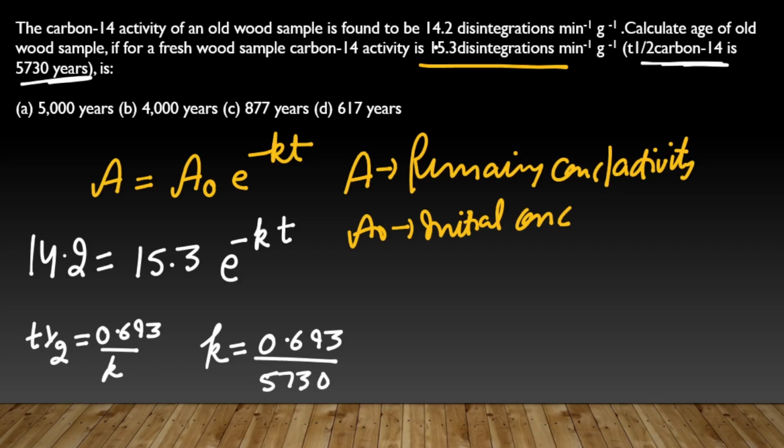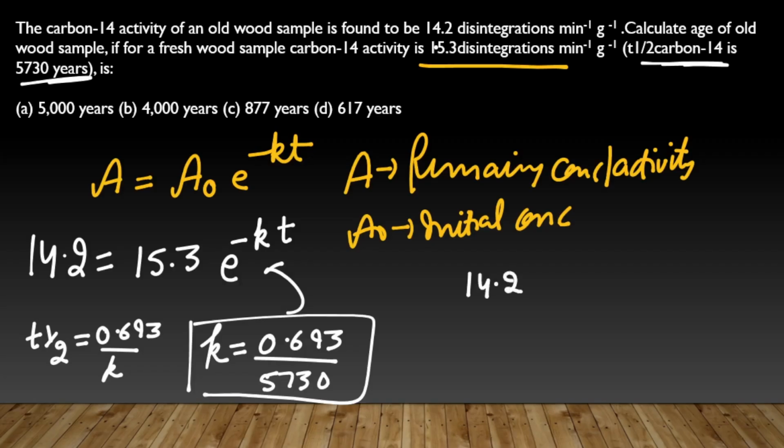Okay, substitute this k value in the above expression. So you will be getting 14.2 equal to 15.3 into e raised to the power of minus 0.693 upon 5730 into the time t. So just solve this and find the value of your time period.